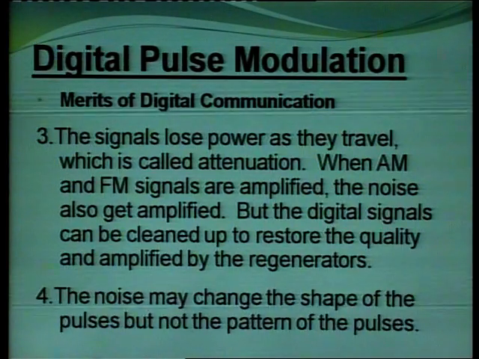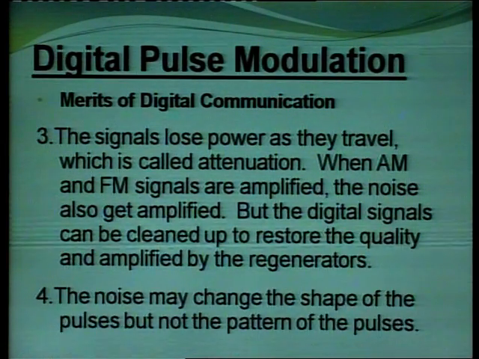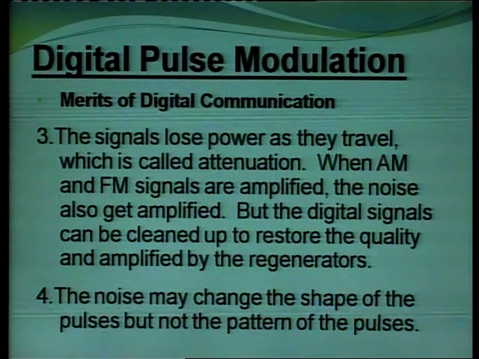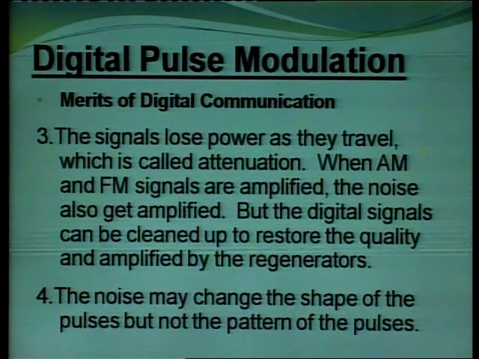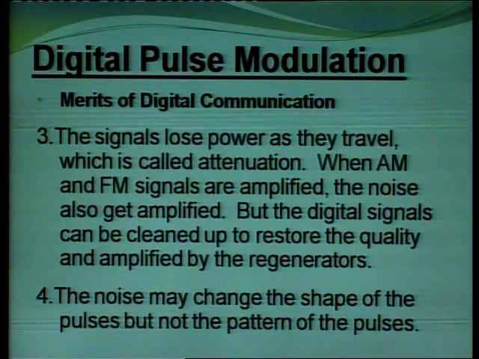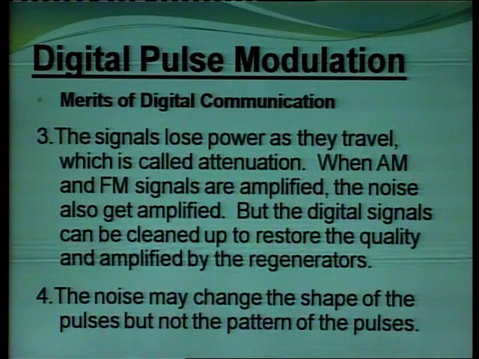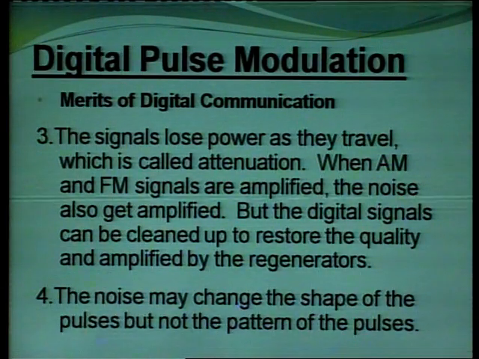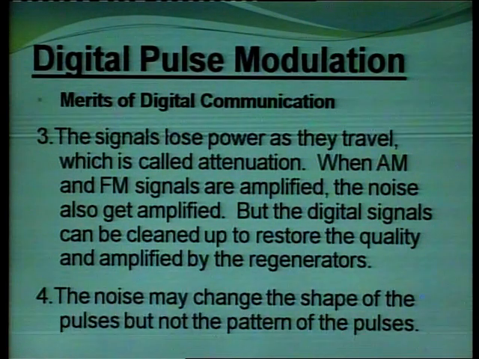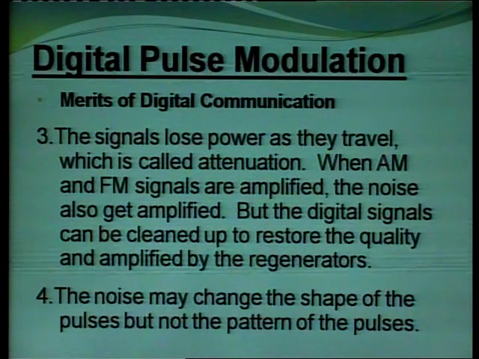Whenever AM and FM signals are amplified at a receiver, the noise also gets amplified. AM ਤੇ FM receivers ਦੇ ਵਿੱਚ amplification ਦੇ ਨਾਲ noise ਵੀ amplify ਹੋ ਜਾਂਦੀ ਹੈ. But in case of digital signals, they can be cleaned up to restore the quality and amplified by regenerators.